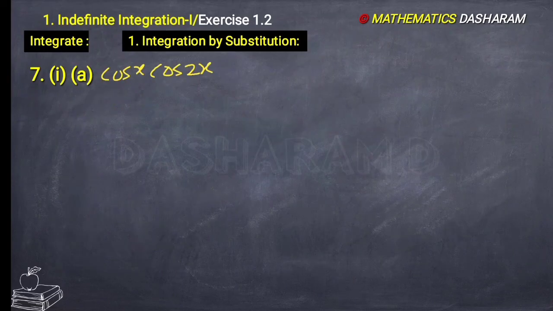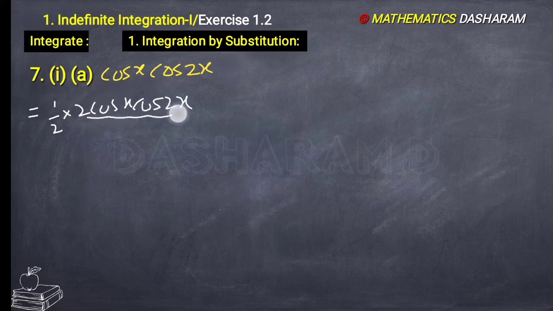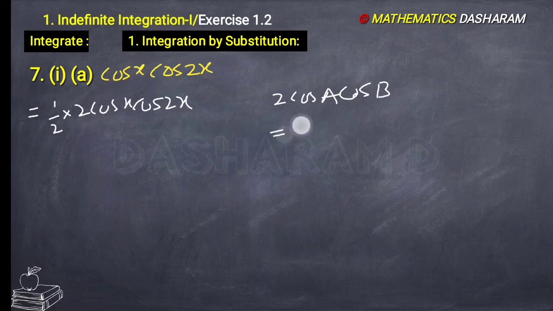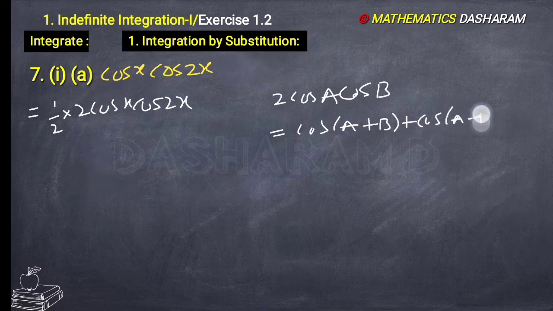Seventh bit, first problem, cos x into cos 2x. So here multiply and divide with 2: cos x into cos 2x. It is in the form of 2 cos a cos b, which is equals to cos(a plus b) plus cos(a minus b).